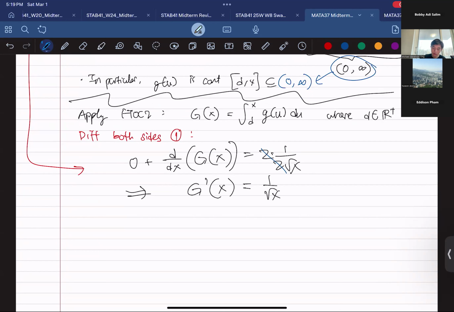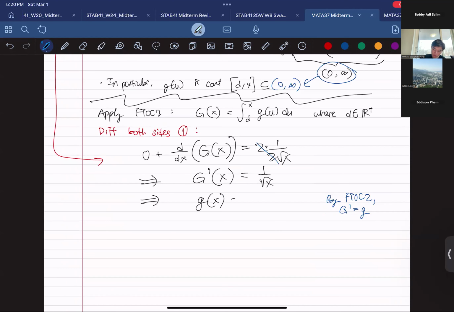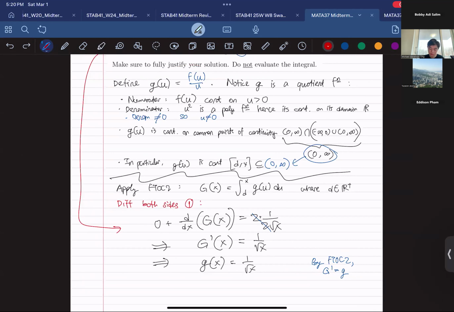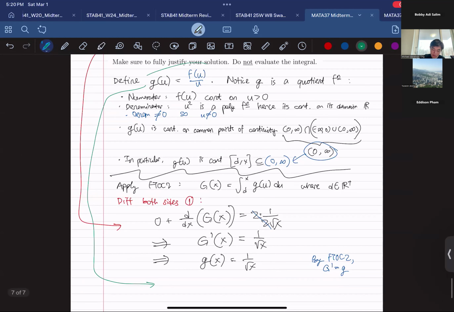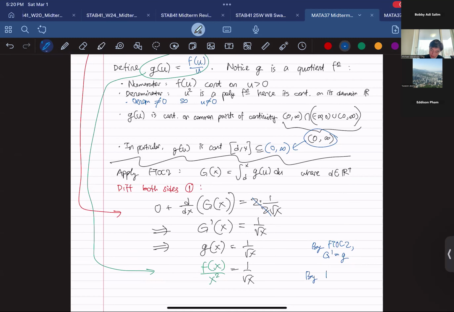But then by FTOC2, we have this definition: capital G derivative is equal to the small g. But then I know at the beginning, I defined g as that function. So let me drag a big arrow over there. What happens is I can replace g with its definition in the first place. This is by definition of g.